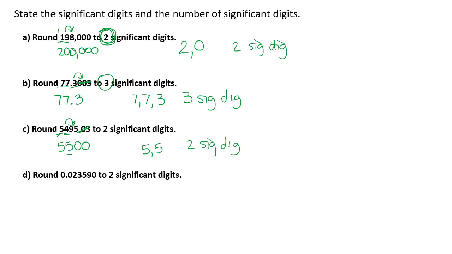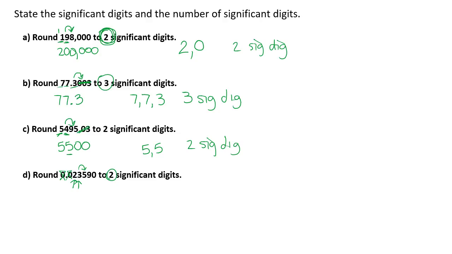Our last example here is we're going to round to 2 significant digits, and we have to remember our rules that this 0 and this 0 are not significant because they're to the left of our first non-zero digit. So really our first digit is 2, and then we come to the 3. We look to the 5.